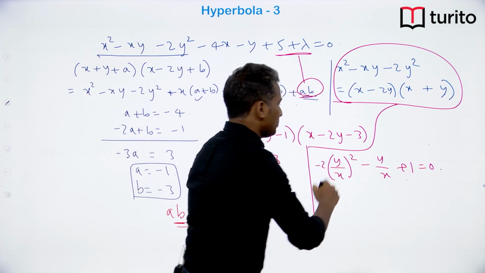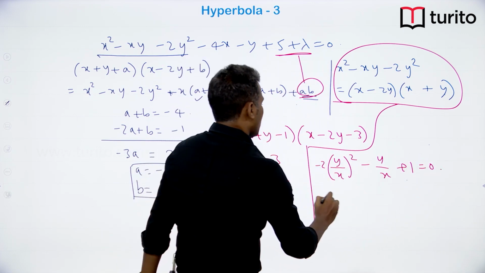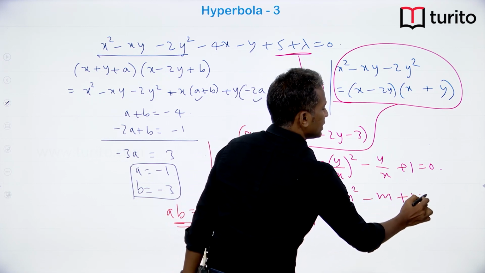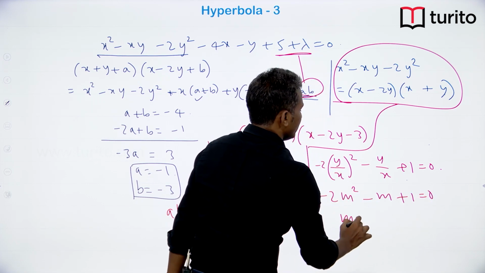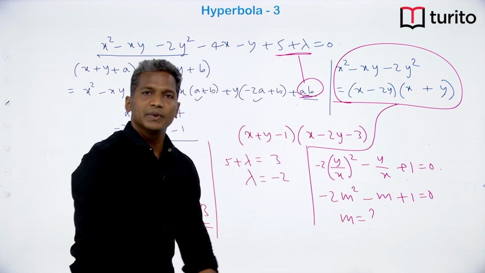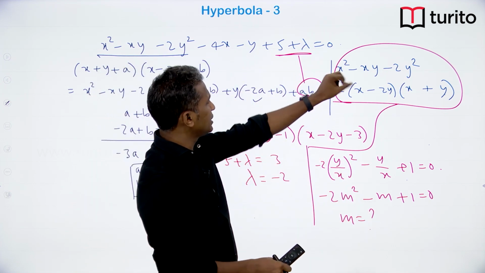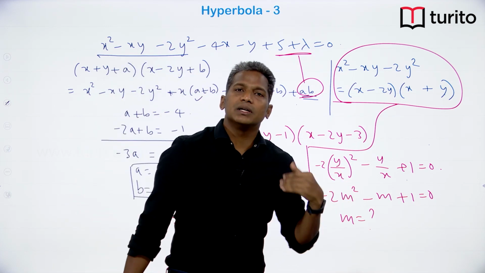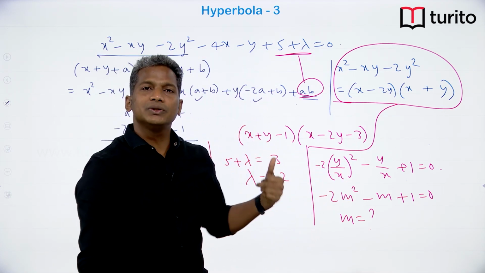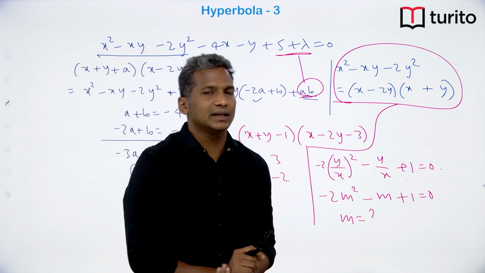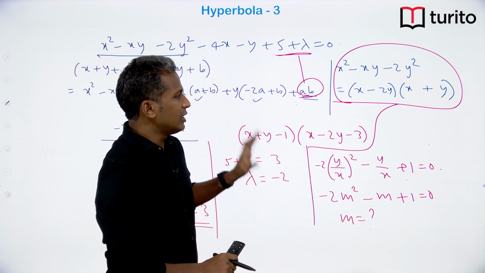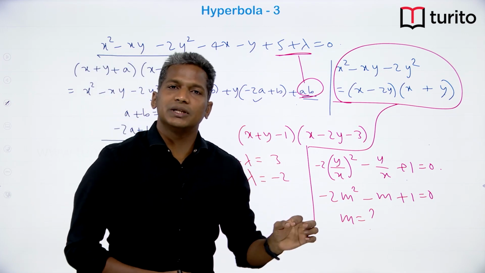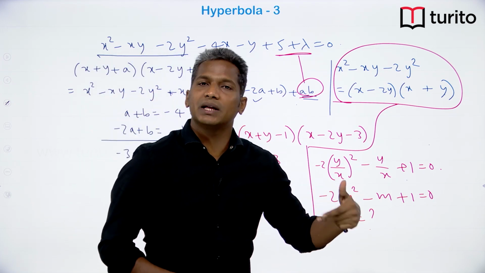So let us say I put y by x to be m and solve this. So it becomes minus 2m square minus m plus 1 equal to 0. From here anyways I am going to get values of m, which are basically the slopes of these two lines. So even if we are not able to get smooth factors, we can also use the quadratic formula and get the factors. So, when it comes to hyperbola, factorization is easy. So, the conclusion is we use the factorization better than the delta.